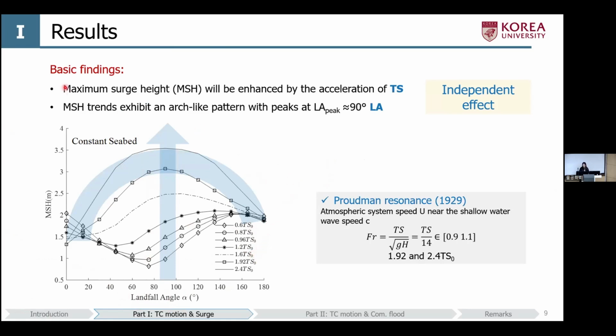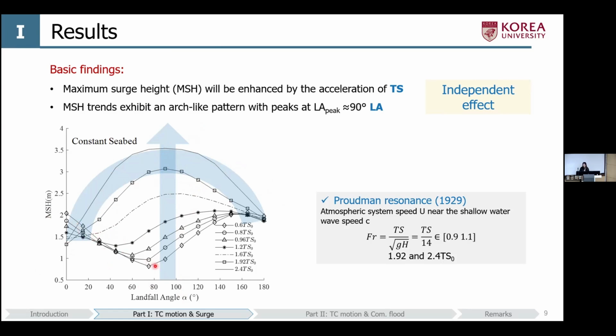As we can see, we can find two basic findings. One is that as the translation speed increases, the maximum surge height will also increase. Another is that the MSH trend, the maximum storm surge height trend, actually has an arch-like pattern, and we can find the peak when the landfall angle is about 90 degrees.